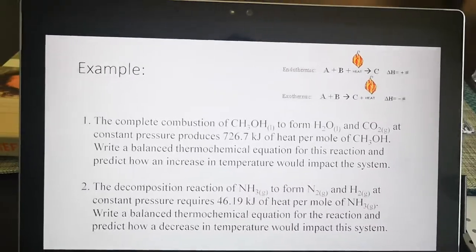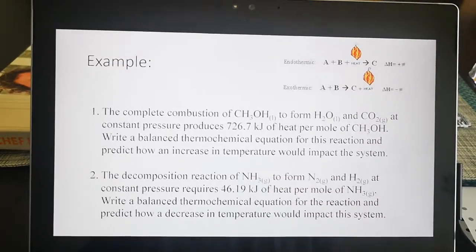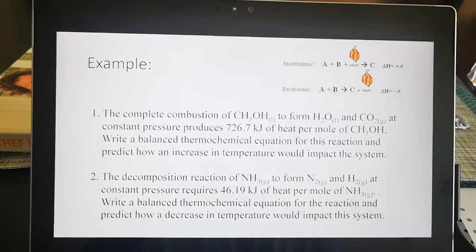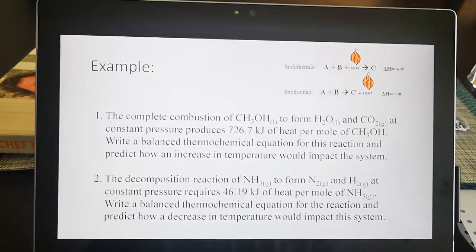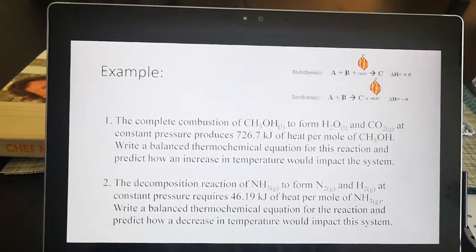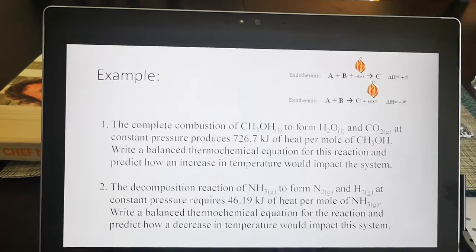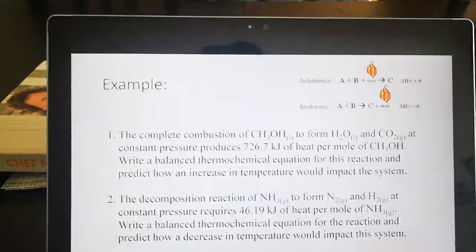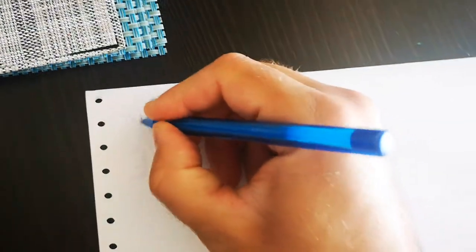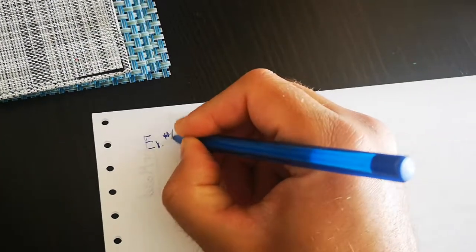So here we've got the complete combustion of methanol to form water and CO2 at a constant pressure produces 726.7 kilojoules of heat per mole of methanol. So we've got to write the balanced equation and predict how an increase in temperature would impact this system. So let's look at example number 1.